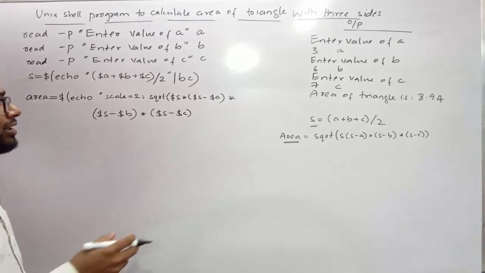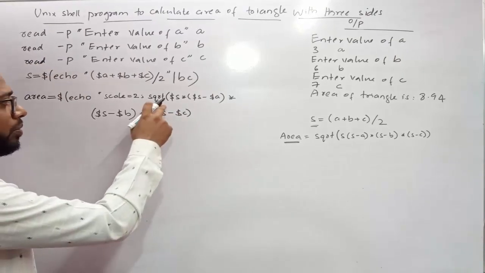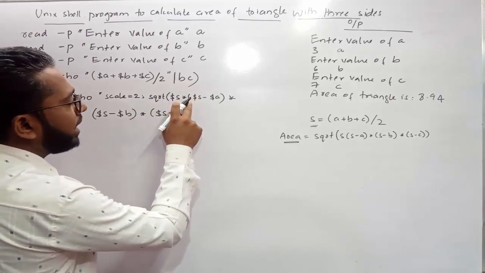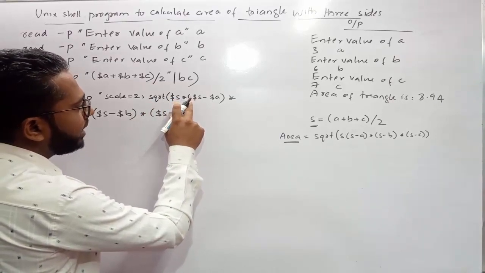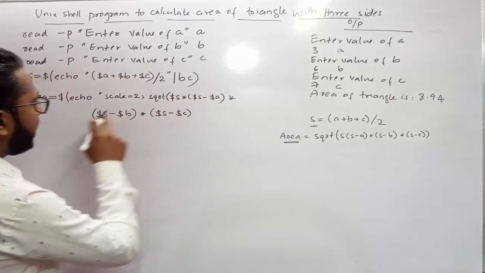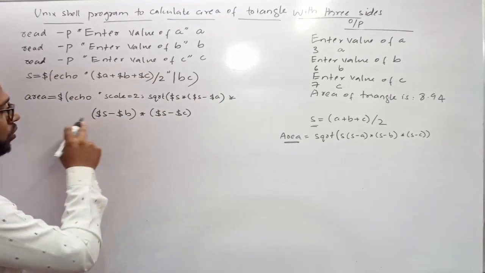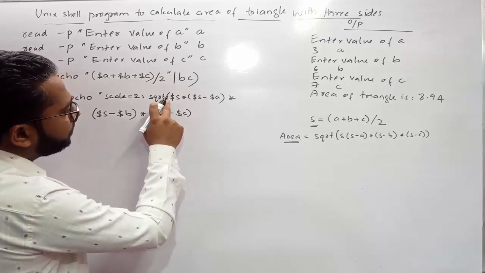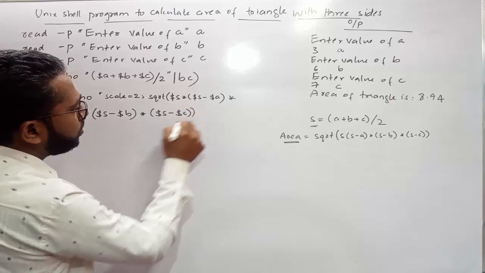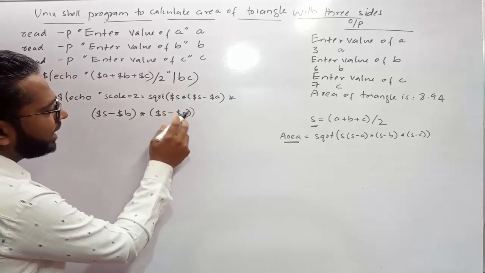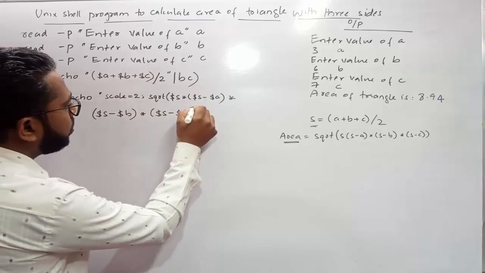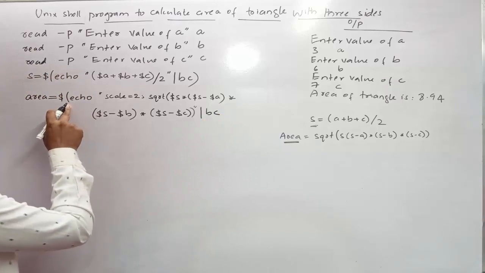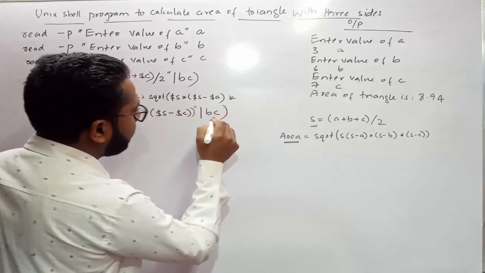Now you need to make sure that there is an equal number of opening and closing brackets. Here is the first opening bracket and this is the closing bracket for it. Then this is an opening bracket and this is its closing bracket. Here is an opening bracket and here is its closing bracket, but there is no closing bracket for this opening bracket, so we just need to close this. Now this opening bracket gets closed and we need to close the double quote. Then we put the pipe and then bc. Now you can see here is the opening bracket, you need to close this opening bracket.